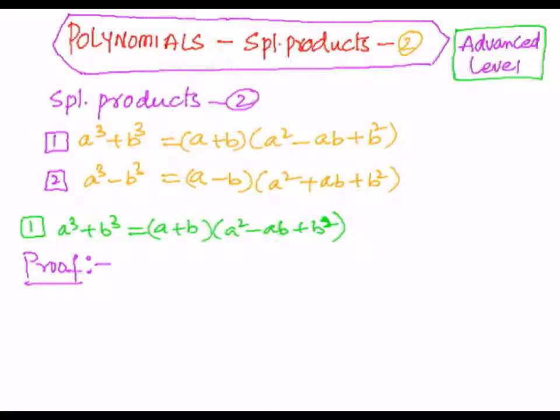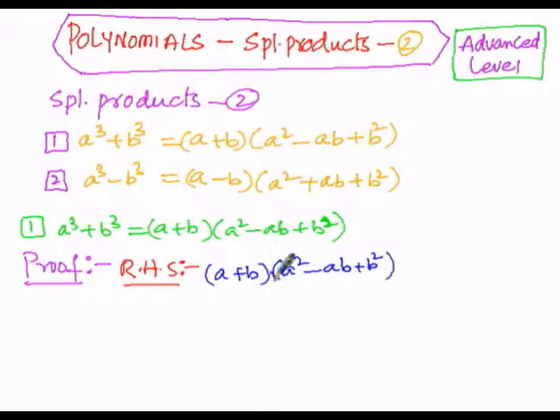So here I want to take the right hand side first. The right hand side quantity is a plus b into a square minus ab plus b square, which is the right hand side of the special product which is to be derived.